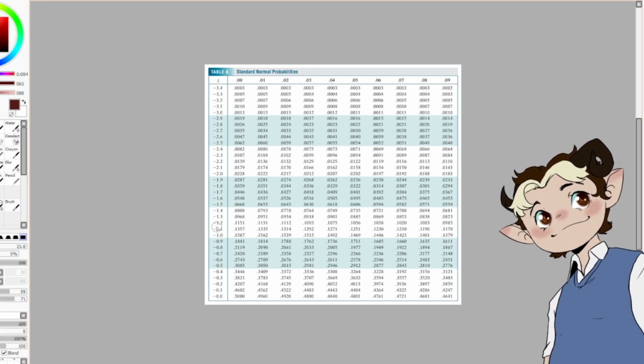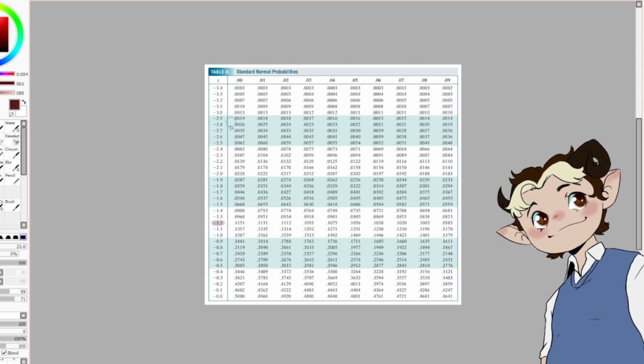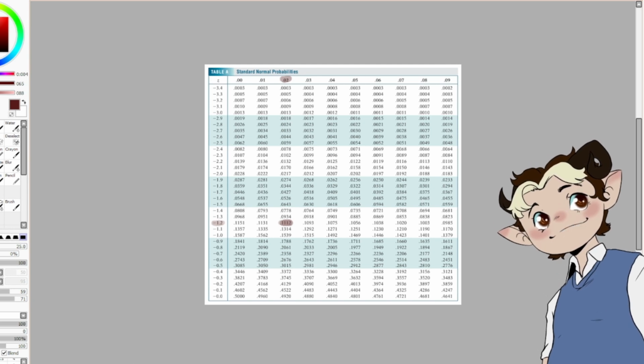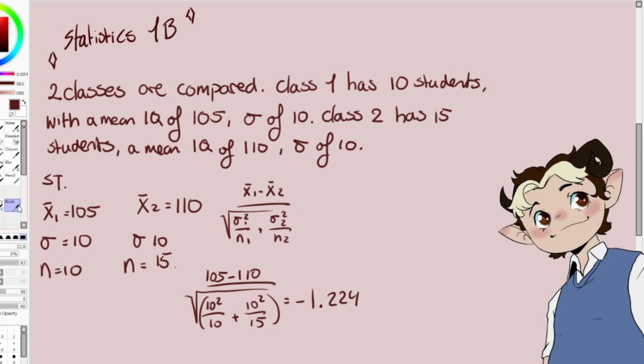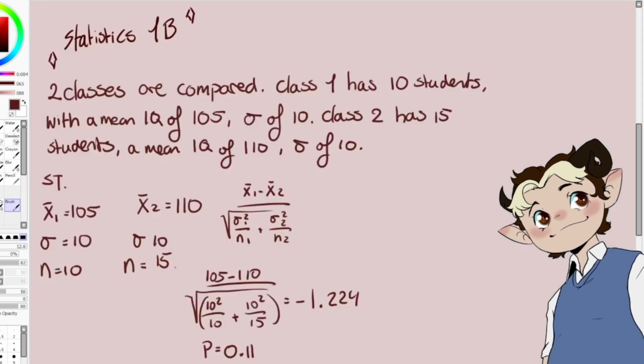And then we look at our table again. We're at minus 1.2, so over here, and then we have another 2, so that's over here. Let's check that out. That is 0.1112. So our p-score is 0.1112.